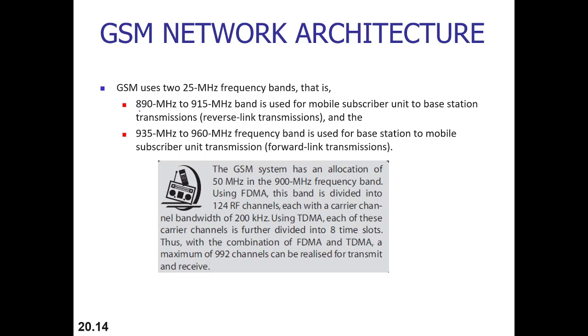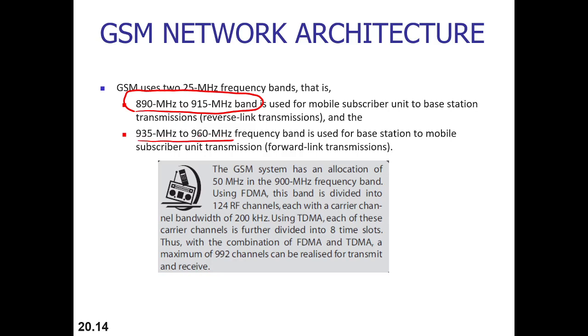If you look here, the 890 megahertz to 915 megahertz band, 25 megahertz, is used for the reverse link, that is, the mobile subscriber unit to the base station transmissions. The forward link is from the base station to the mobile, and that is from 935 to 960 megahertz.